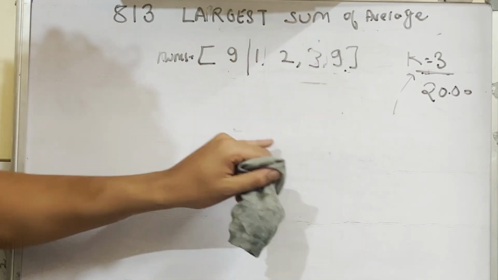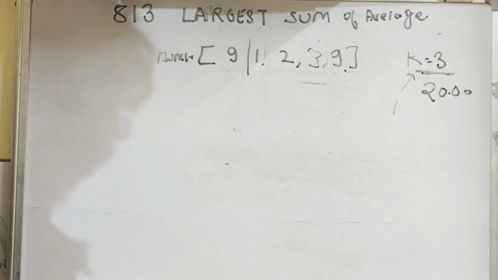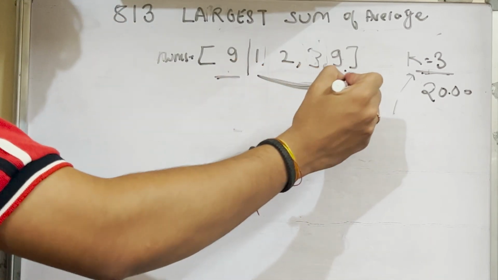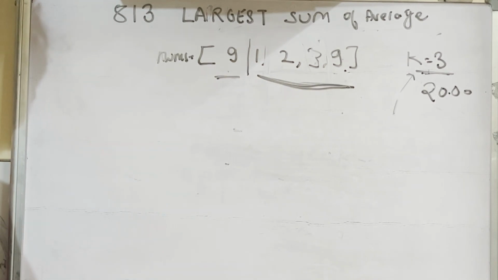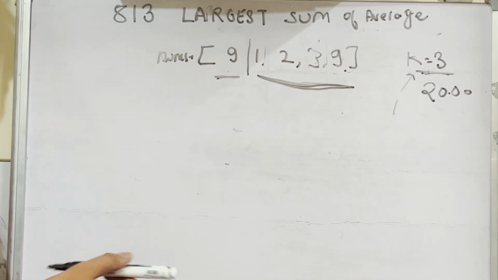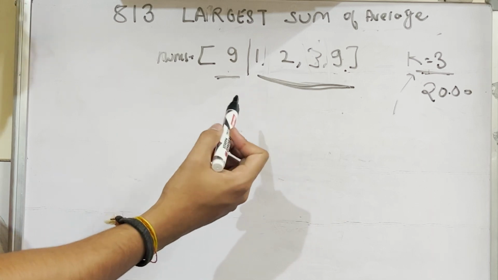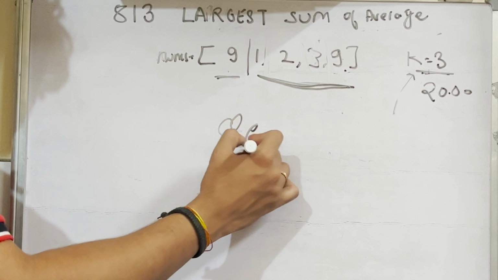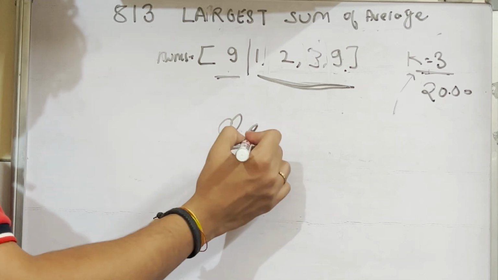Okay, if you just divide it into this and this, you have to again find the average of this part and this part. You can see you are doing repetitive work, and to avoid this repetitive work, what can you do? The answer is using a memoized solution.